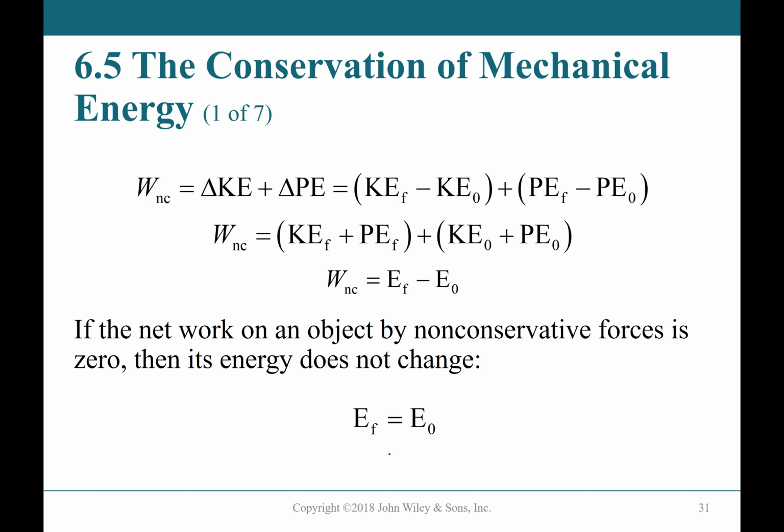Now, what do I mean by mechanical energy? When I say mechanical energy, I'm eliminating chemical energy and energy like that. So in this course, when I say mechanical energy, I'm referring specifically to the kinetic energy and the potential energy.